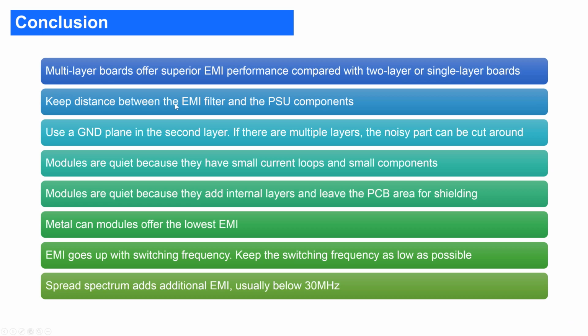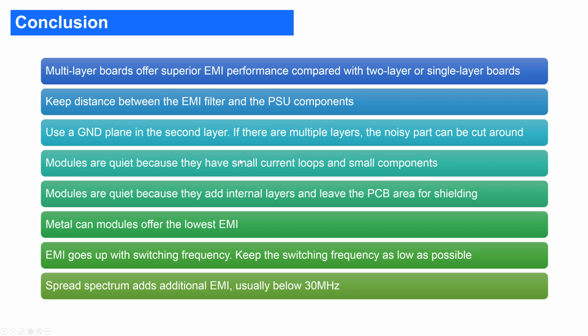We learned that you should keep distance between the EMI filter and the power stage components. If you can't, you have to shield or buy a nice metal can module where we take care of the shielding. Use a ground plane in the second layer if you have a multi-layer board. You can make cuts in the noisy parts if you exactly know what you're doing. However, be careful. You should know what you're doing.